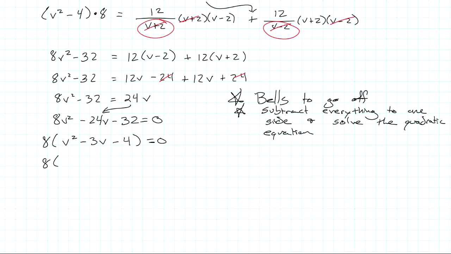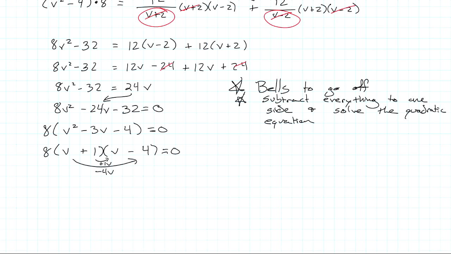And then we can factor the v squared minus 3v minus 4. We need a v in the first position. We want a 4 and a 1 in the second with a minus 4 and a plus 1 so that these add up to negative 4v, and a plus 1v adds to minus 3v here in the middle.